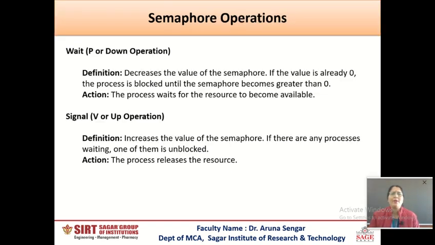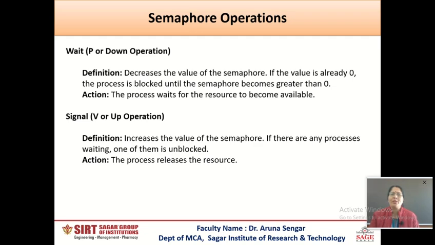Now we understand semaphore operations. The first operation is the wait operation, which is known as the down operation and is denoted by P. The second is signal, called the up operation, denoted by V. Wait operation, as the name suggests, takes place when one resource is occupied by one process.